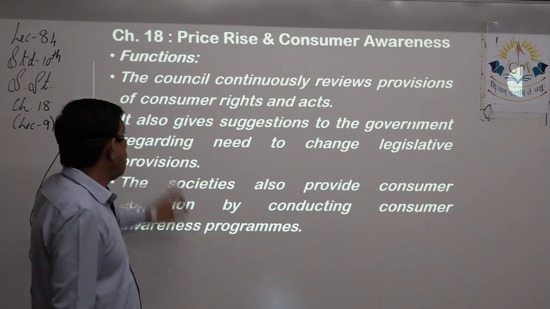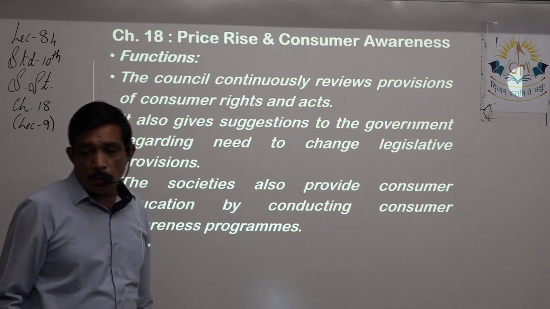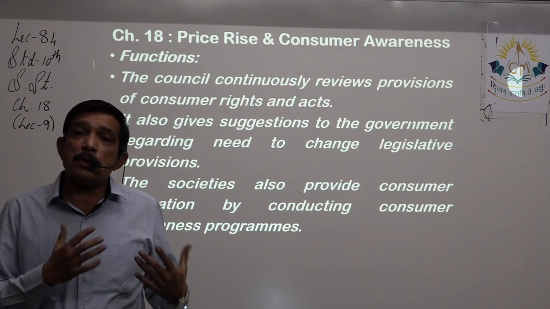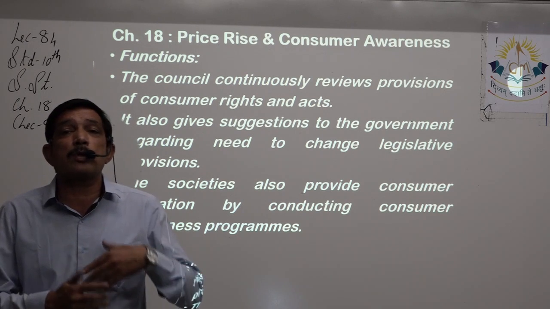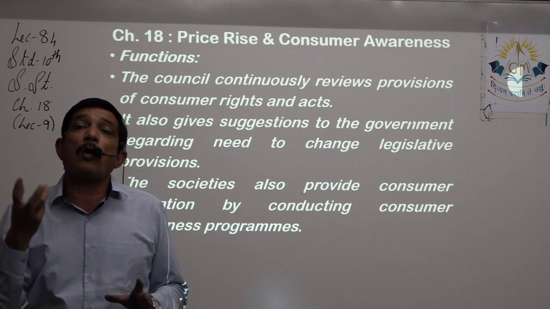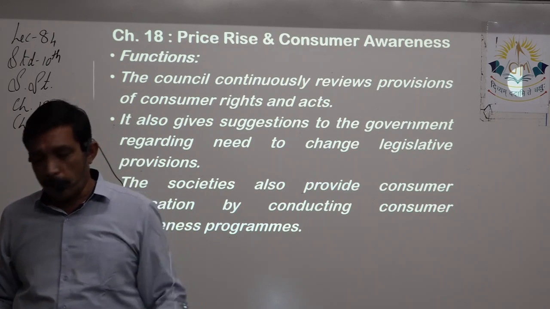Next, it also gives suggestions to the government regarding the need to change legislative provisions. These societies are responsible to approach the government and tell them, you need to change certain rules and regulations, or you need to add this and modify that.